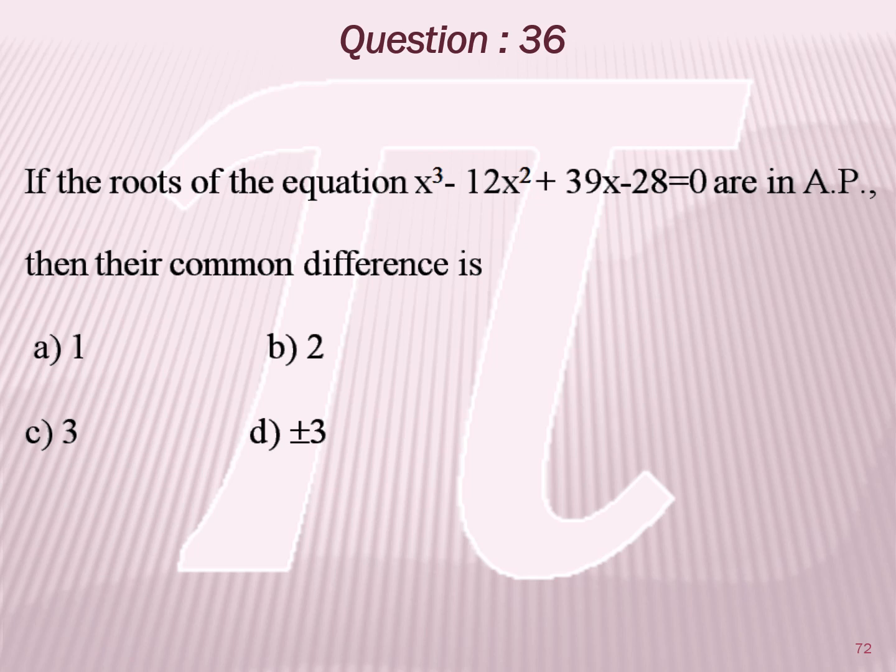Now the next question is, if the roots of the equation x cube minus 12x square plus 39x minus 28 is equal to 0 are in AP, then their common difference is option A 1, option B 2, option C 3, option D plus minus 3.